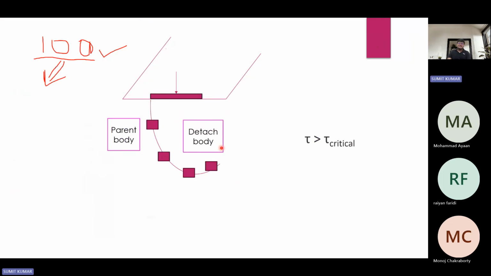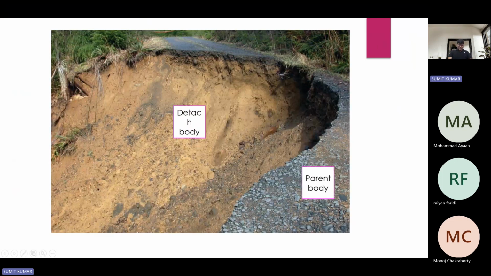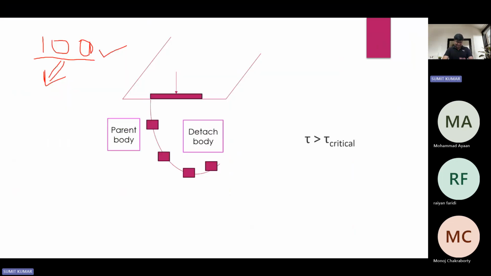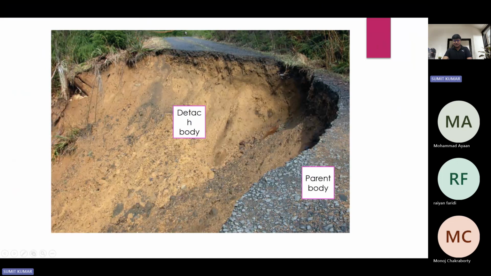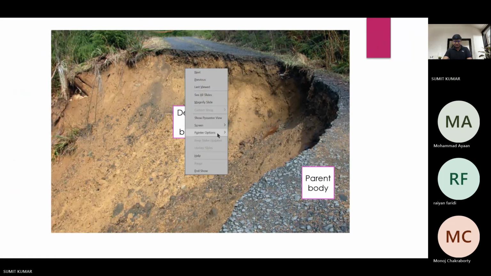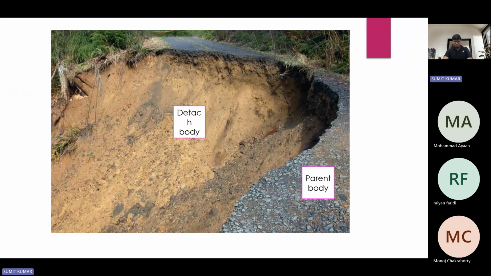When the applied stress becomes greater than the critical stress at that point of time, it results in the failure. Okay, over here you can see the practical example. Take this figure and imagine over here the entire road cross section is there at some point of time.